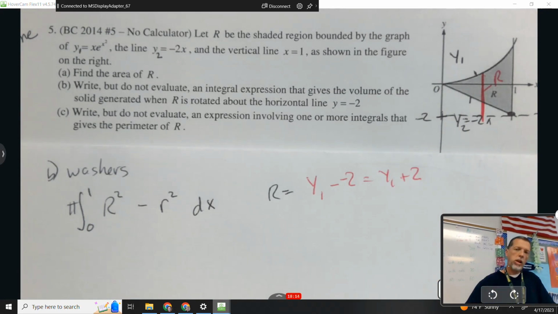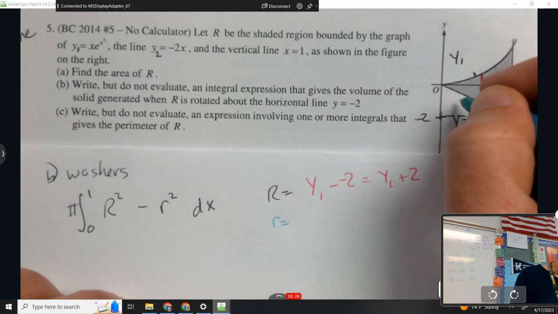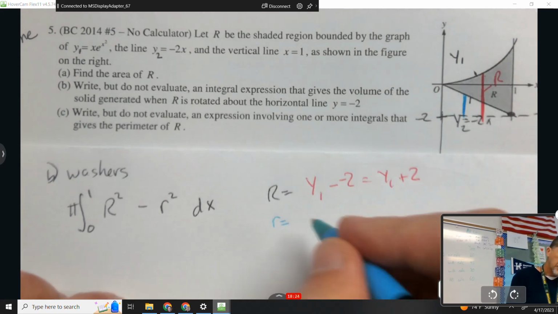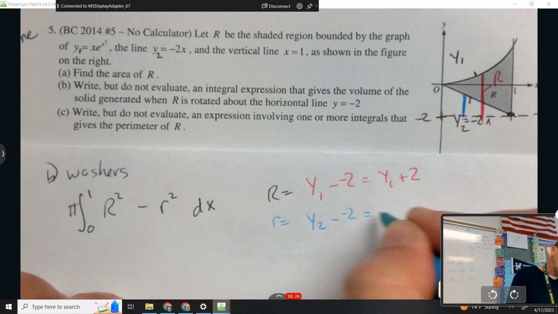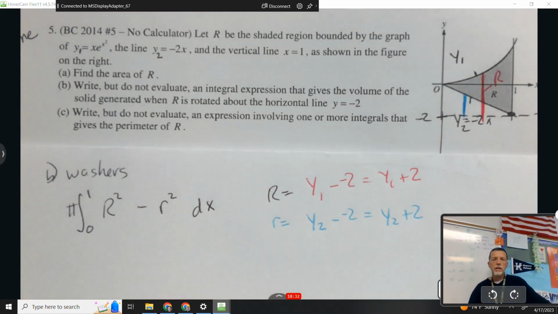Little r is the inside radius. So that is y2 minus -2, y2 plus 2. Here we go. No touchy. I don't know if that would be enough or not.